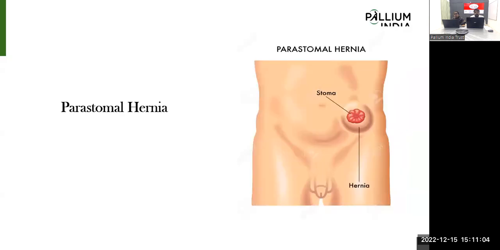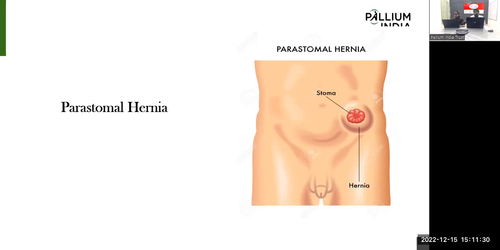Then parastomal hernia. Herniation means bulging of the internal organ to the outside through the abdominal wall. Here we have already done a colostomy, so the abdominal muscle area is already weak. The continuity of the muscle layer on the abdominal wall is lost due to the surgical procedure.